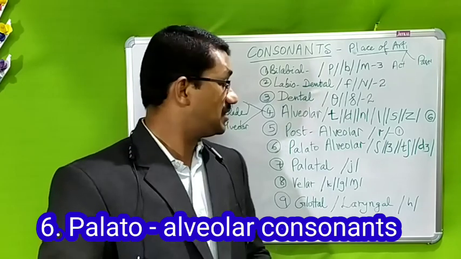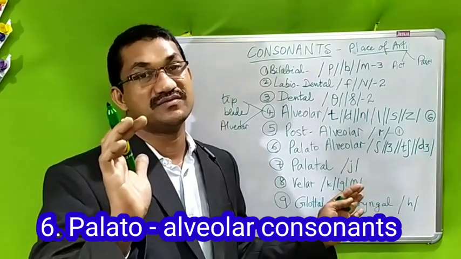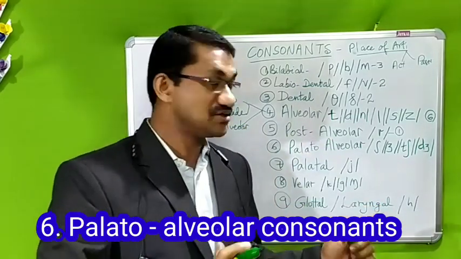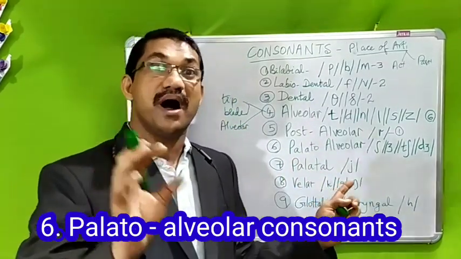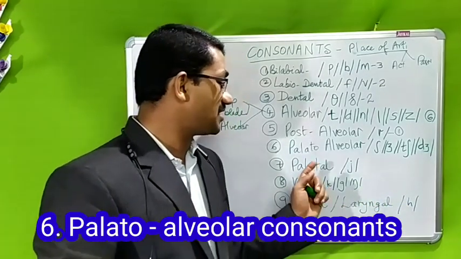The roof of the mouth, and it is again the front and the blade of the tongue is fronted towards the alveolar. So we have two parts of the roof of the mouth in the production of this particular sound.